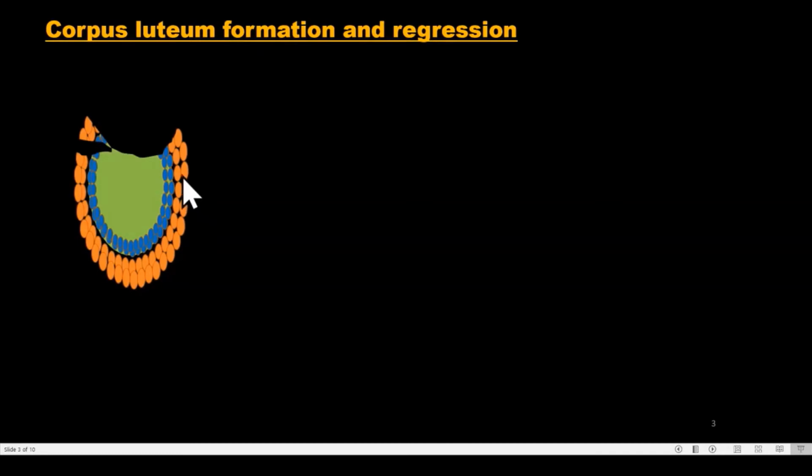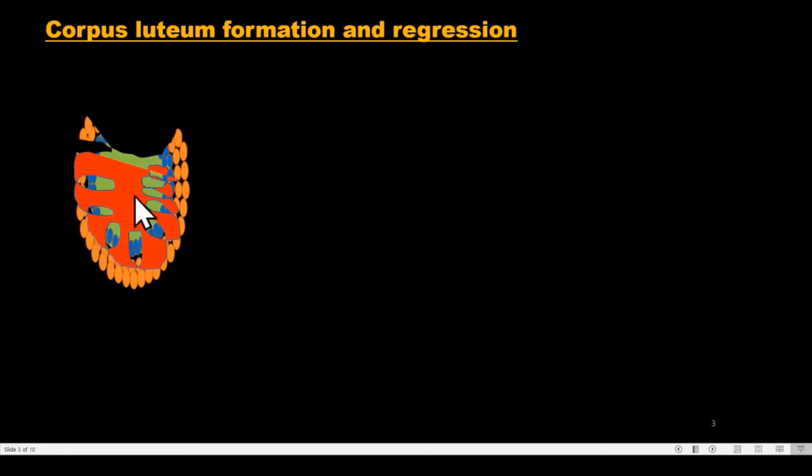After ovulation we have this structure in the ovary, made of granulosa cells and theca cells. Just after ovulation the follicle collapses, the blood vessels of the theca layer invade this area, and the area is filled with blood and blood clot.